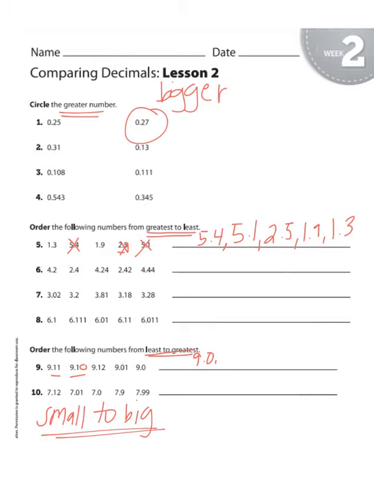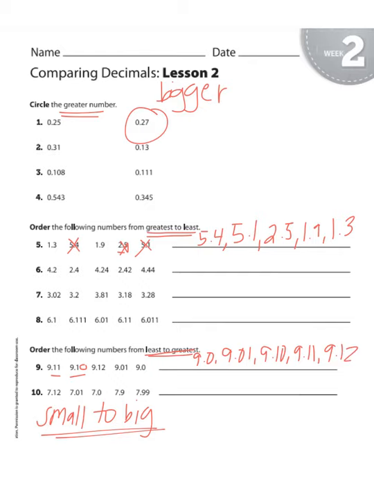Then after 9.0 would be 9.01. And then let's see, the next smallest, so would it be 9.10, 9.11, or 9.12? Well, 9.10 would be the smallest, then 9.11, and then 9.12.